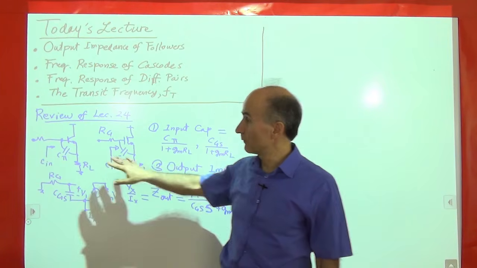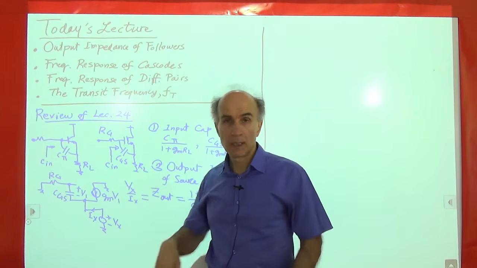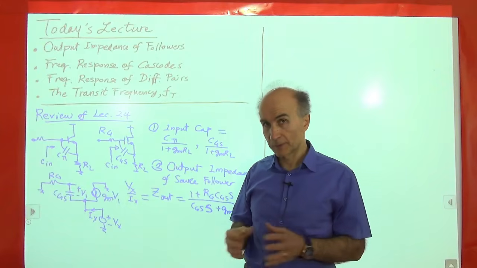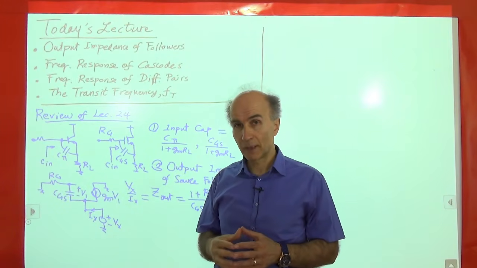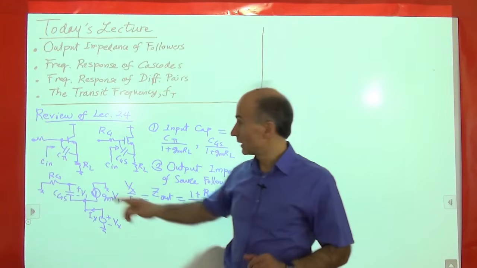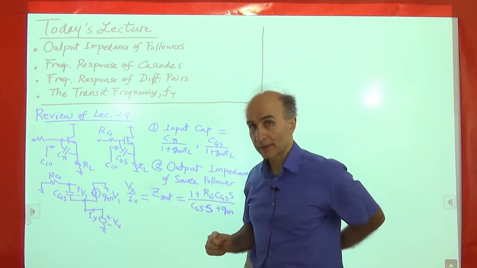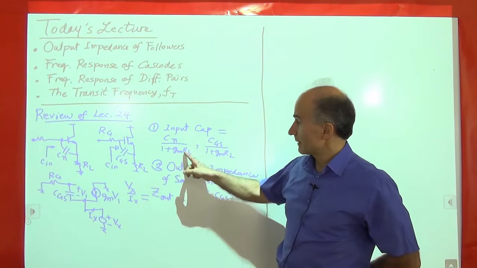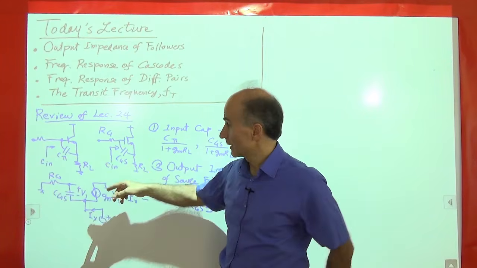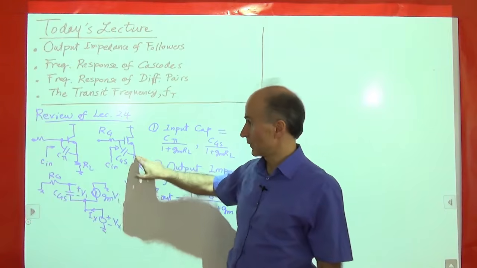All right, so just a quick review of what we saw last time. We looked at the frequency response of emitter followers and source followers. We derived the input-output transfer function. It was not particularly useful. We also looked at the input capacitance of the circuit resulting from only CPi or CGS. And we saw that the input capacitance is actually quite smaller than these values because the emitter is bootstrapped to the base, or the source is bootstrapped to the gate.